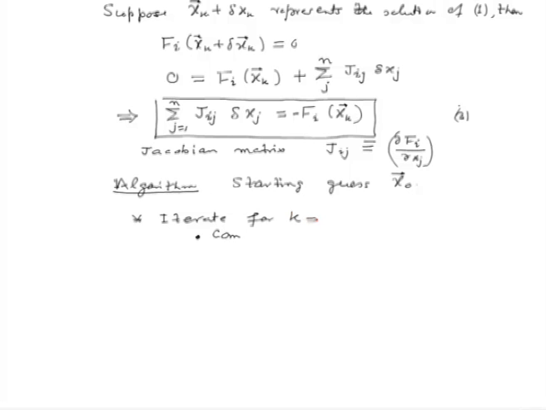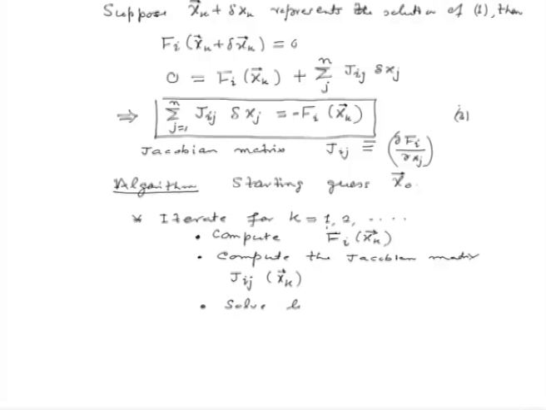For k is equal to 1, 2 and so on till we achieve convergence, first we need to compute the vector f_i at xk, compute the Jacobian matrix J_ij at this point xk, and once we have got it, solve the linear equation.